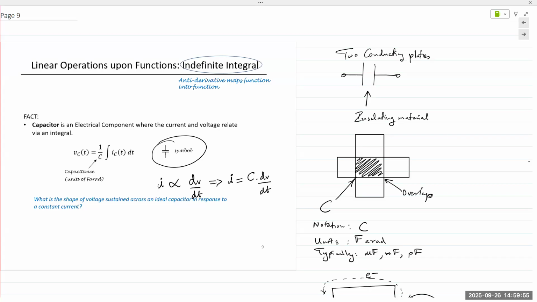Capacitor current is the time derivative of the applied voltage. If you want to find the voltage from the current, then you integrate both sides, and capacitor voltage is the integral of the current, flip side. So those are the VI and IV equations for both an inductor and a capacitor.